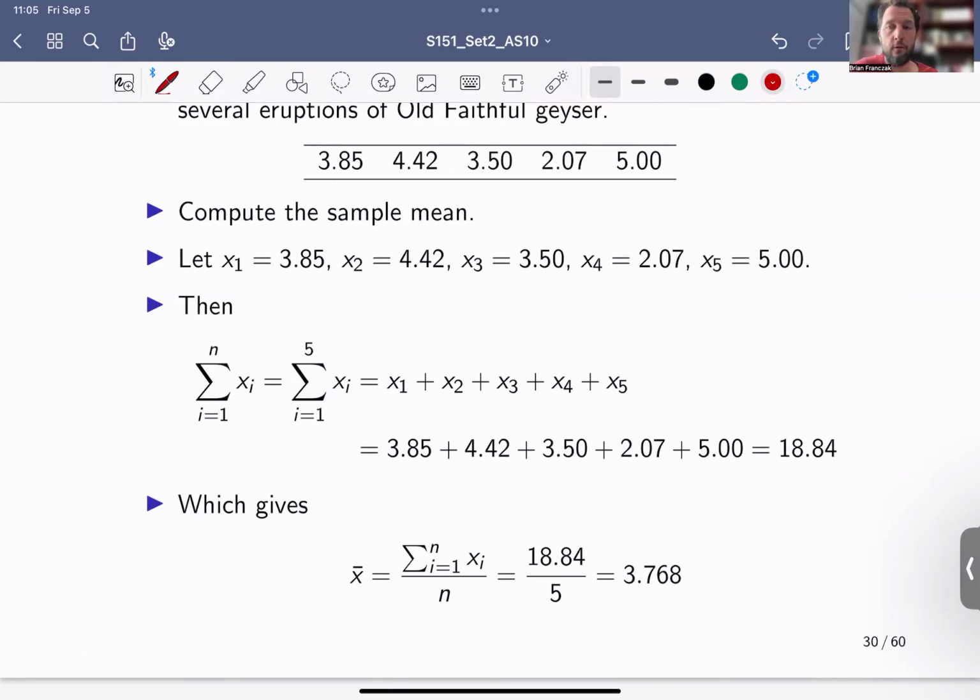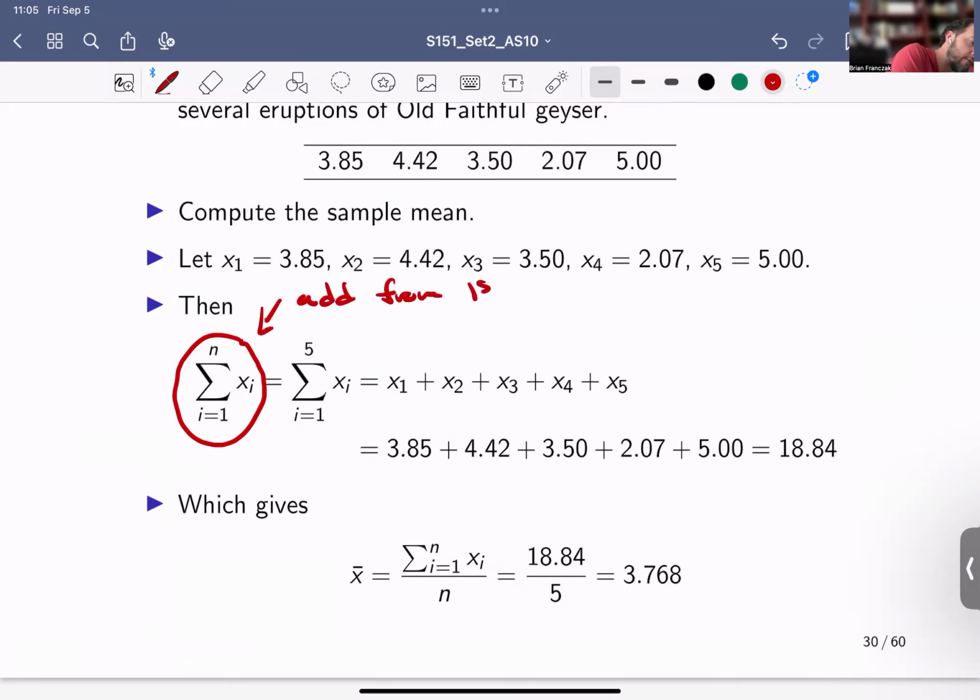Okay, we want to compute the mean. So we're going to use the formula from the previous slide. So the next thing we have to do is add up or follow this instruction here, right? So again, this is saying add from first to nth value. Okay, so this would actually mean, in the context of this data set, add from 1 to 5 the xi.